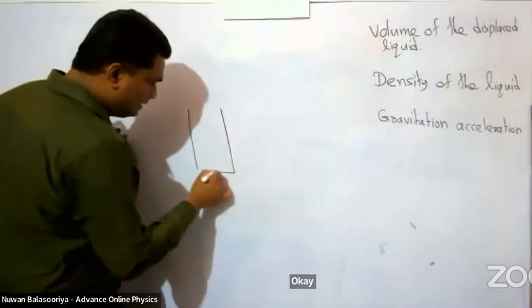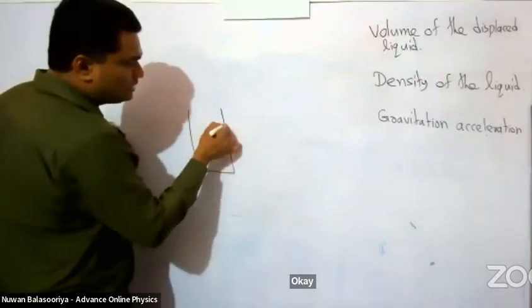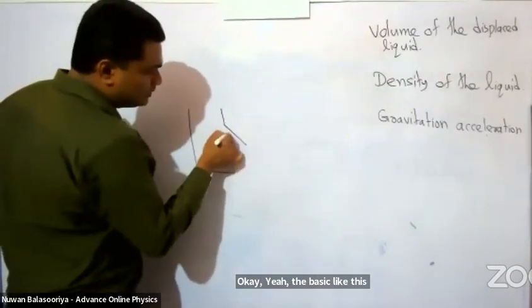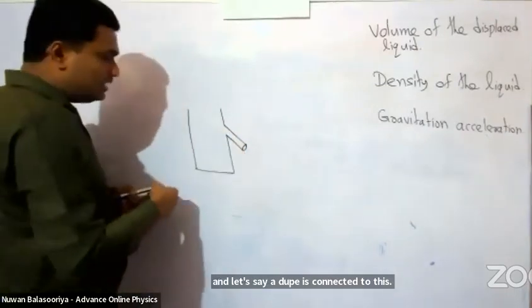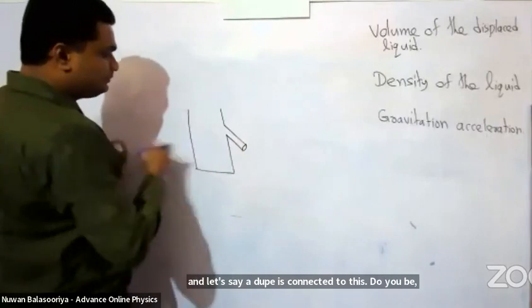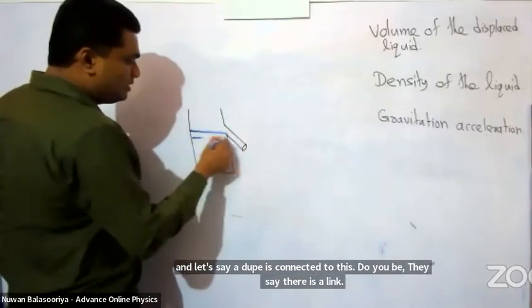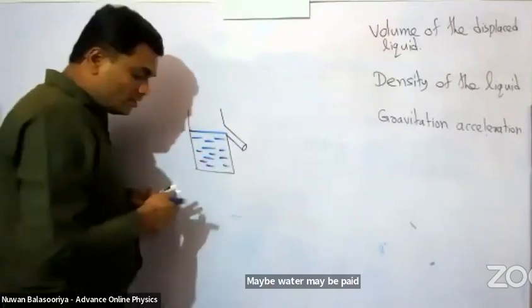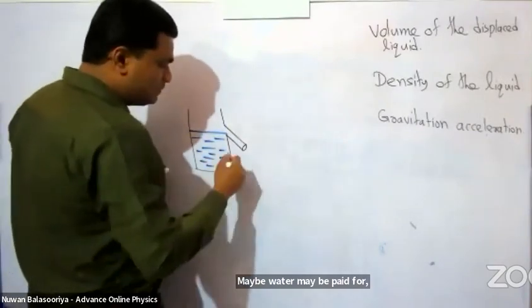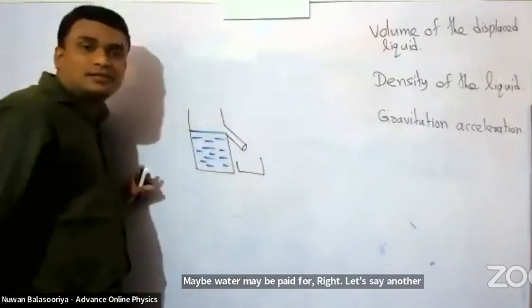And let's say a tube is connected to this vessel like this. Let's say there is a liquid in it. Maybe water, maybe petrol, diesel, something. Let's say another vessel is kept just below the tube.